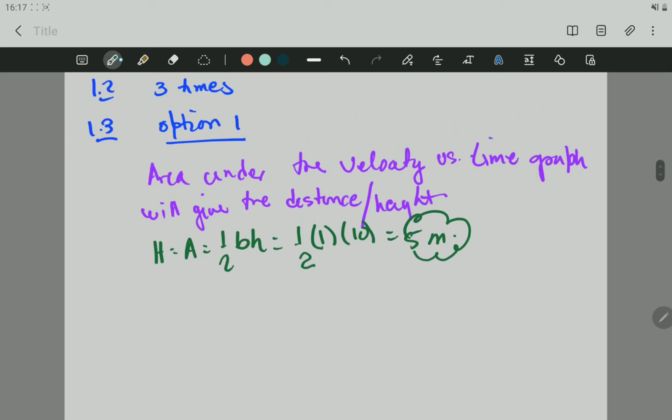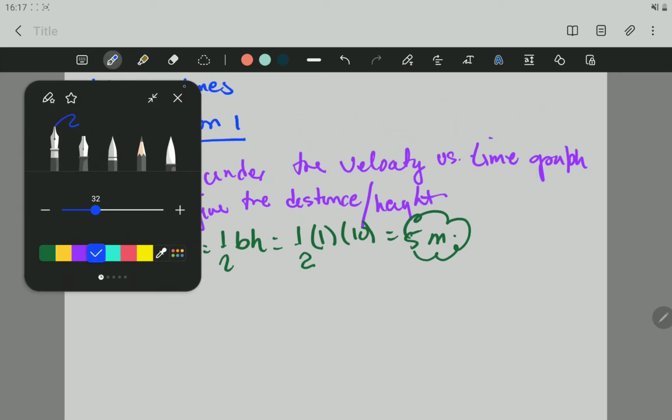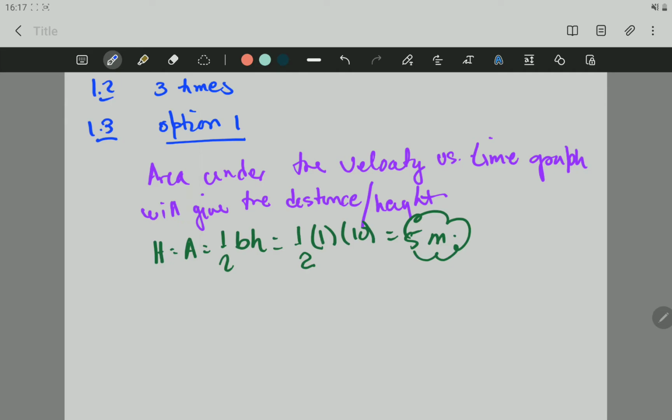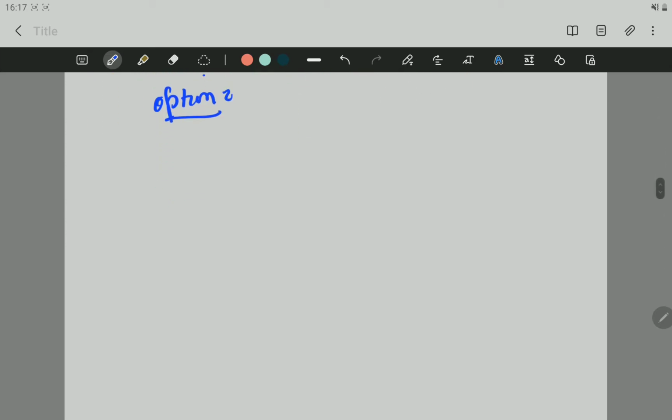Now, let's look at option 2. In option 2, we are going to use the formulas. As usual, we are going to write first the data, what we have. The initial velocity is equal to 0. We know that the final velocity is equal to 10 meters per second downward.